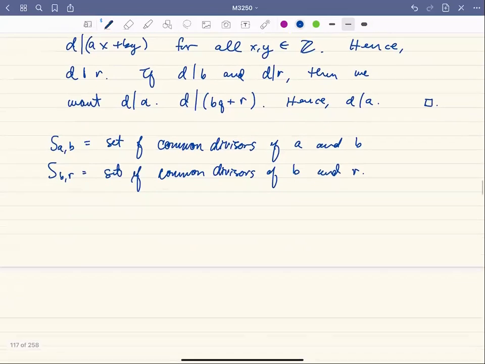What we just showed, and basically our proof technique, was to show that these are two equal sets. So in particular, they're both subsets of each other. That's essentially what we just did.